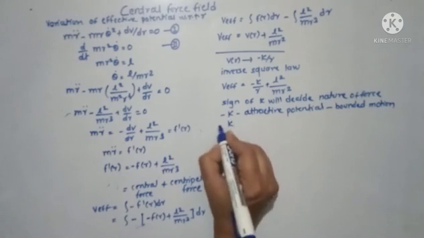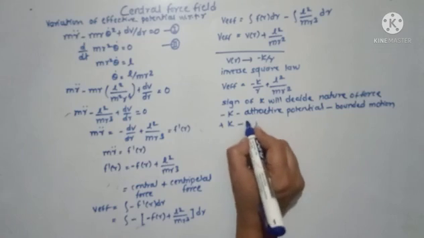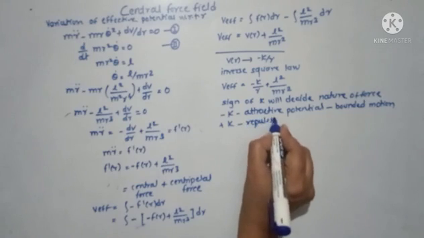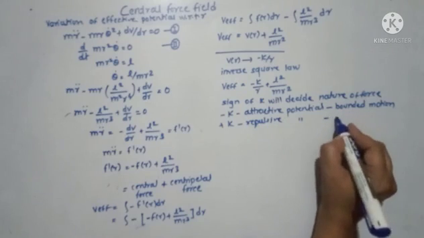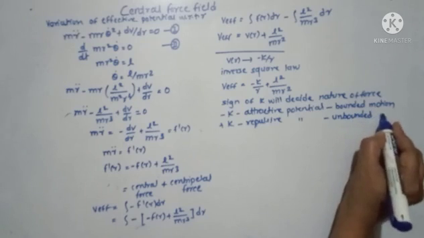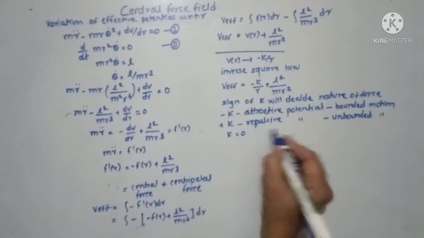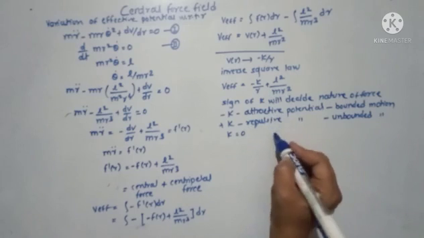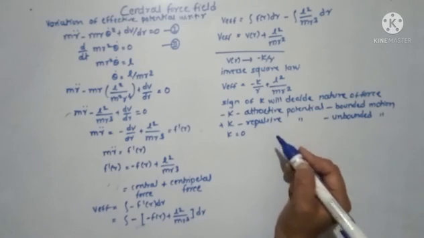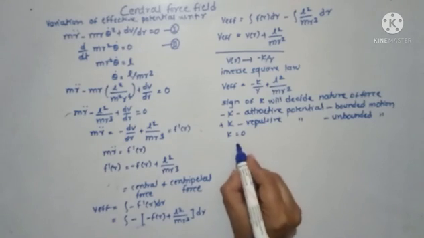Similarly, if k is positive, it will represent the repulsive potential, and the body will perform unbounded motion. And if k is 0, there is no potential between the incoming particle and the central force field. Now let us draw the diagram of the effective potential versus the distance between the central force field and the incoming particle in the central force field.